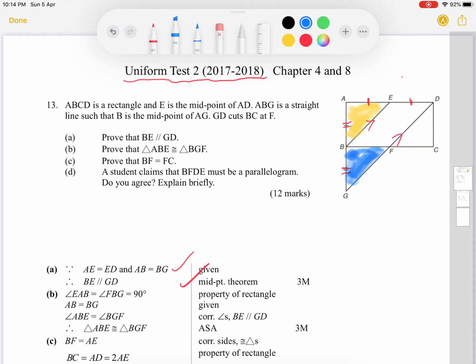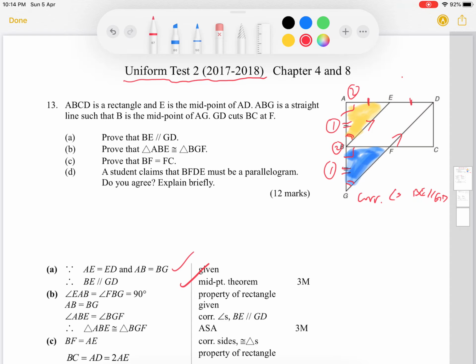You see that there's already one line which is equal, and then the second is the right angle, and where's the third one? Because it is parallel, the third one is this angle, corresponding angles, BE parallel GD.